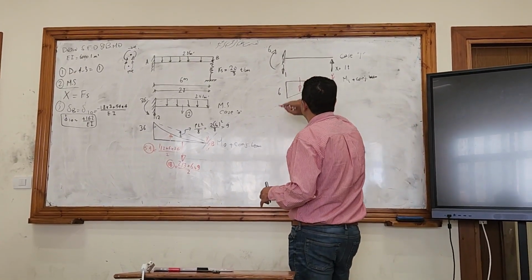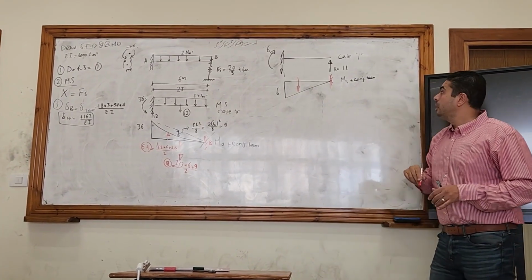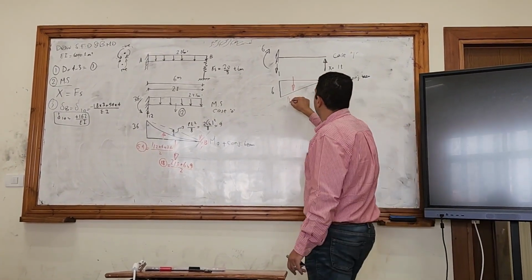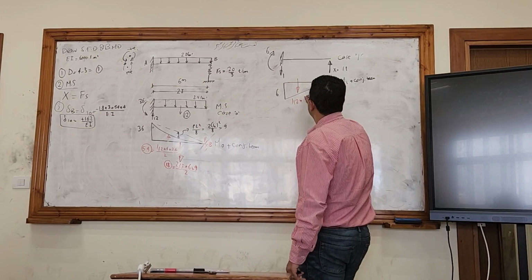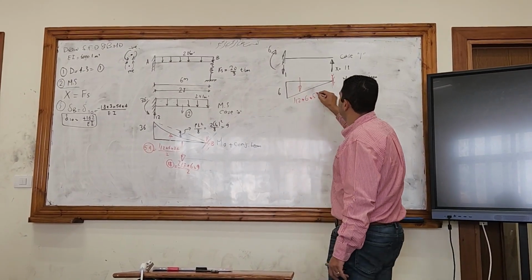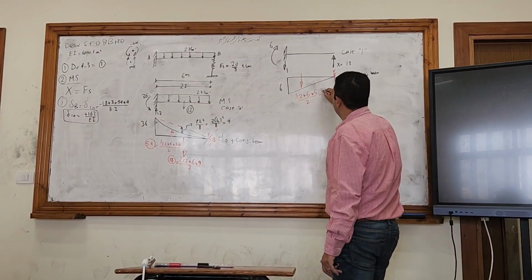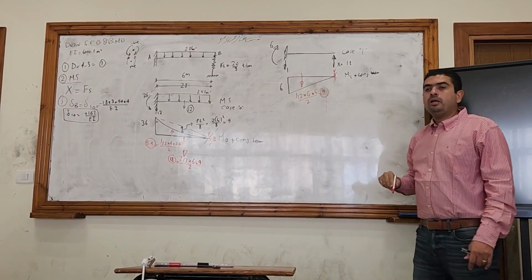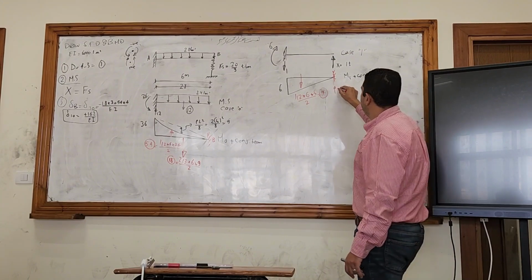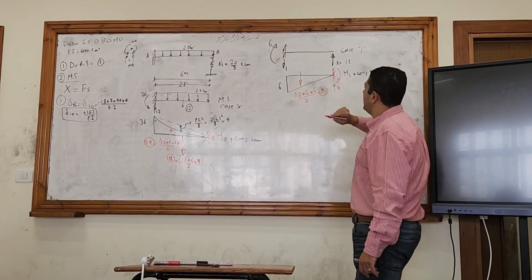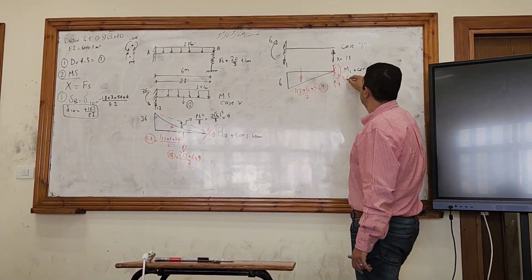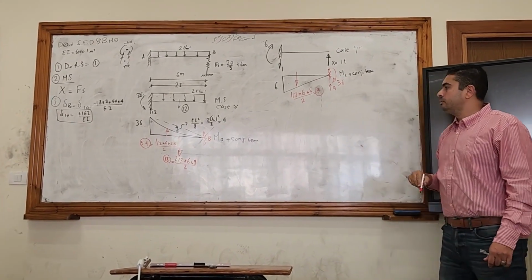So it will be downwards in the 1/3 and 2/3. The area will be half, the base is 6 meters, the height is 6 meters, divided by the inertia, which is 2, so it will be equal to 9. So the reaction here will be 9, and the moment will be in this direction, 9 times 4, 36. Right?